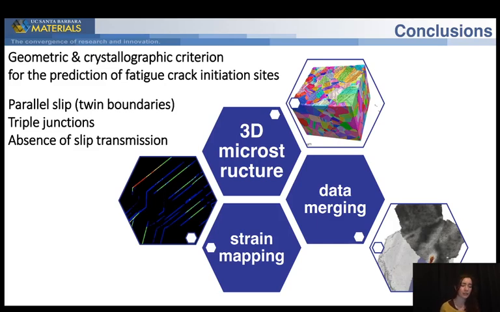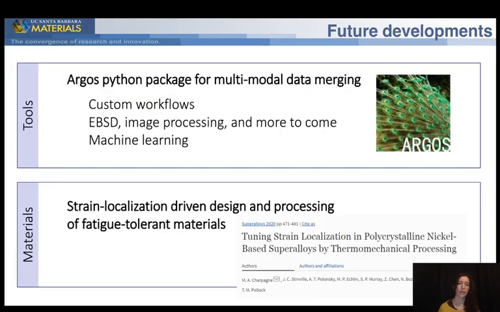And so we have extensively worked on the Inconel 718 dataset, and we are now investigating other alloys of different structure. So this one was FCC, now we're moving on to HCP materials. And for future steps, there are some more developments that we're doing for designing custom workflows for multimodal data merging and extending these kinds of workflows to other types of data.